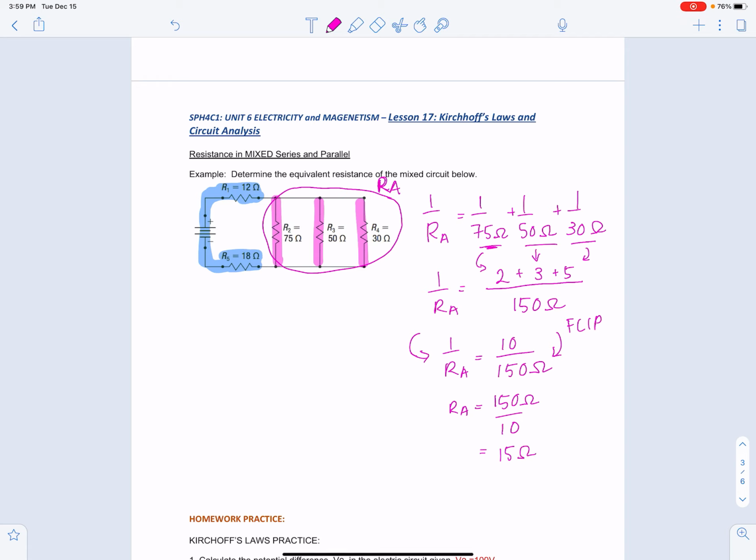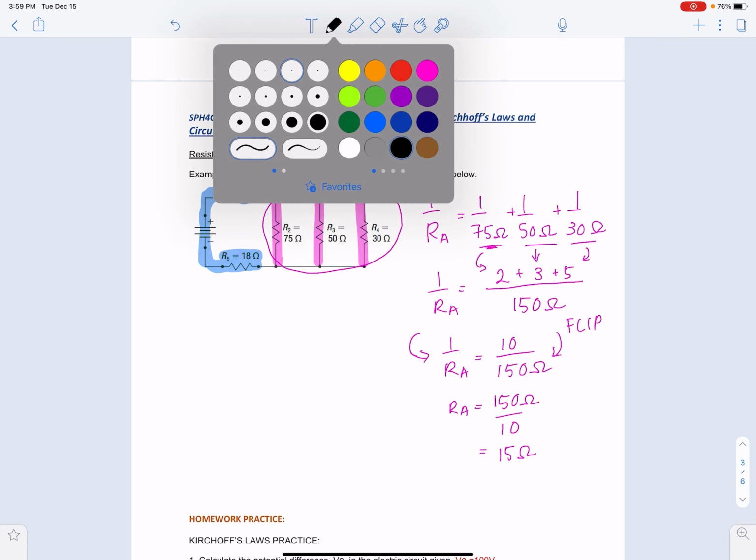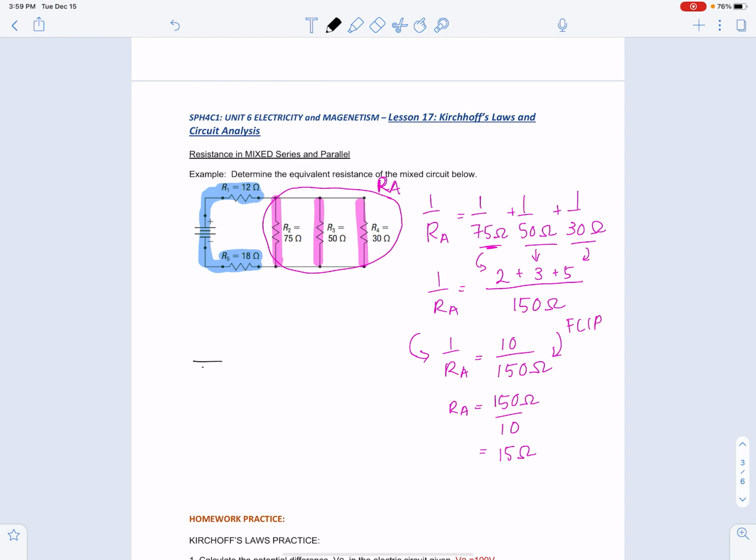So now I want to redraw this diagram, but I just want to include the 2-cell battery. We have R1, which is 12 ohms, and R5 is 18 ohms.